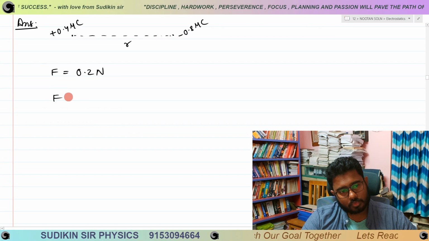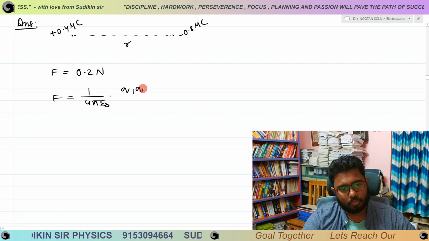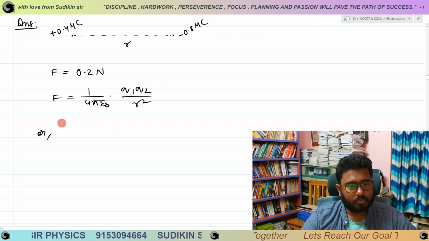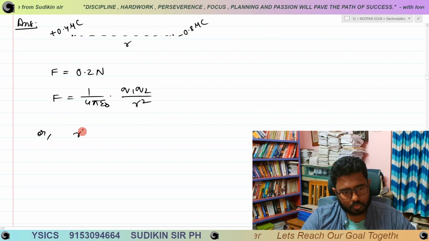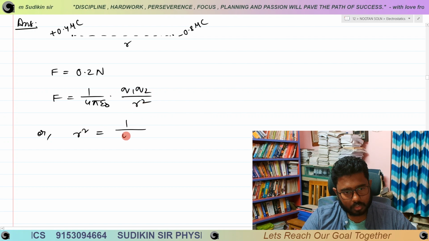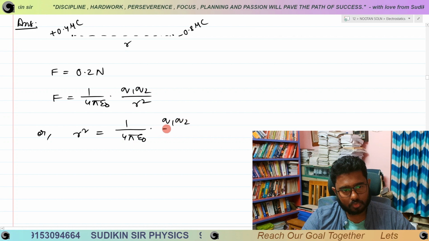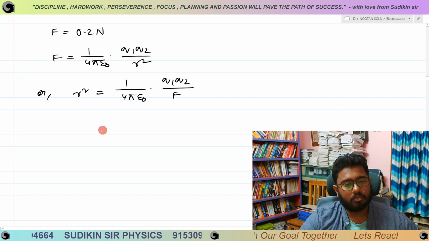So from Coulomb's law we can write it as 1 by 4 pi epsilon naught q1 q2 divided by r square, and we need to find out r square. So r square will be 1 by 4 pi epsilon naught q1 q2 by F. Let us first find out r square, then we will get the other value.